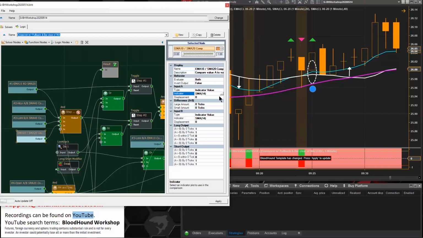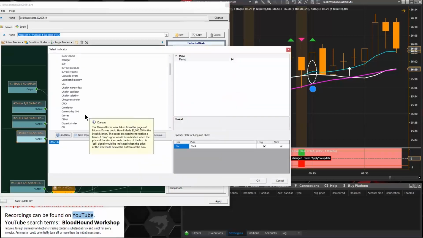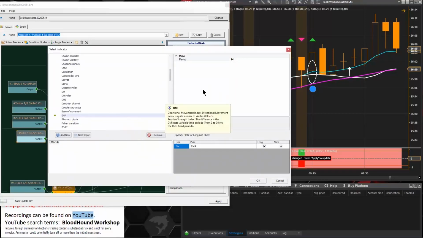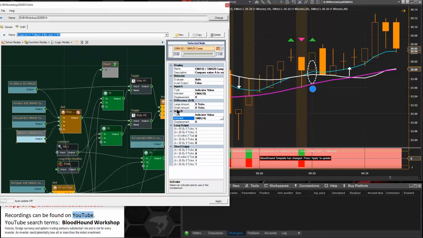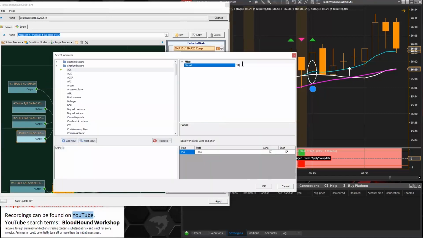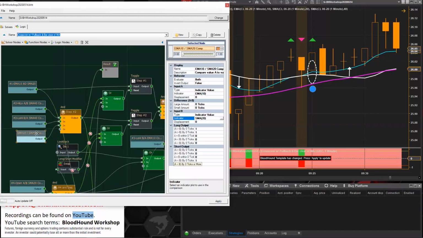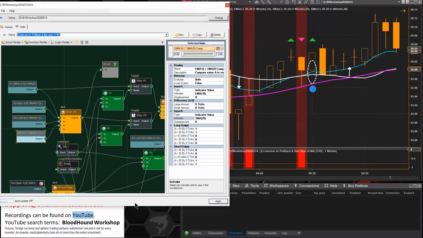Input A will be our EMA 10, like so. Input B, that'll be our SMA 20, like so. There. Let's hit apply. There we go. Turn the auto update back on. Okay, there we go.